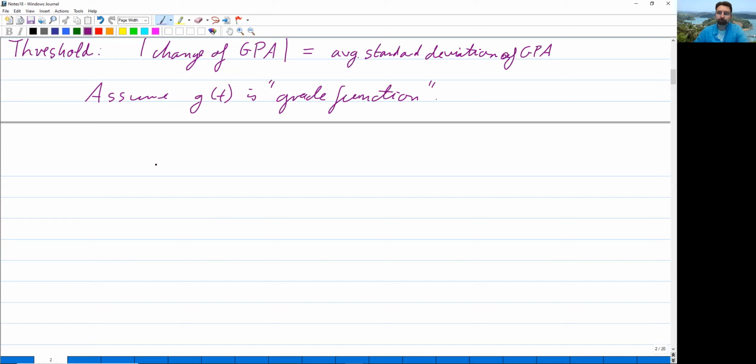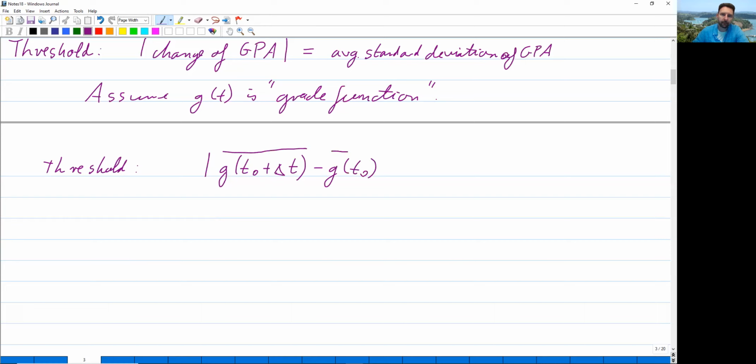Then we say that the threshold for statistical significance is that the absolute value of the change, and unfortunately it can also go down, so we take the absolute value of it, is the threshold of statistical significance of a change.